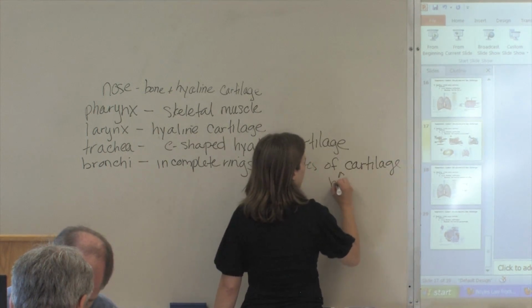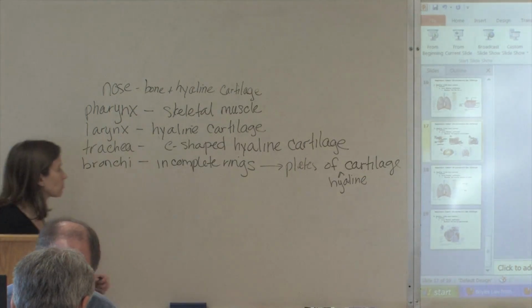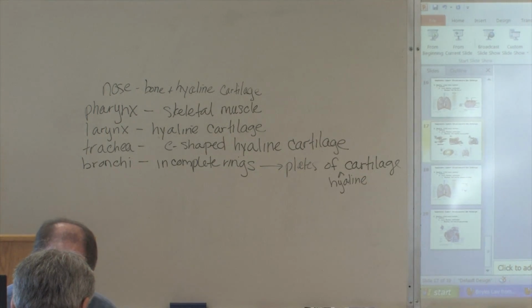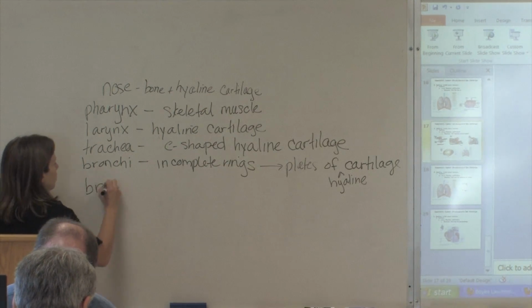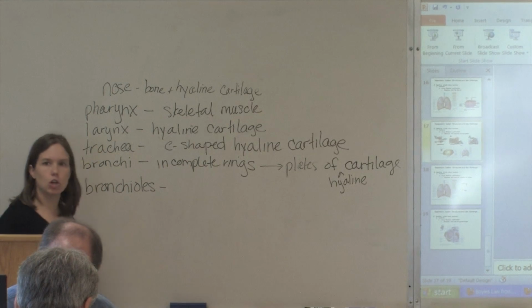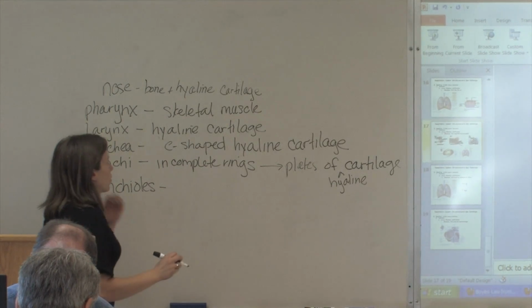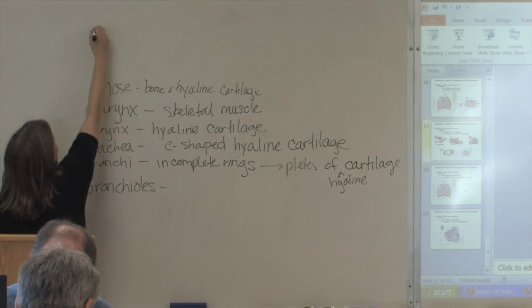Again, it's hyaline cartilage. And then by the time we get to bronchioles, the cartilage is gone and it's replaced, I'll put it up top, but just know that this is last.